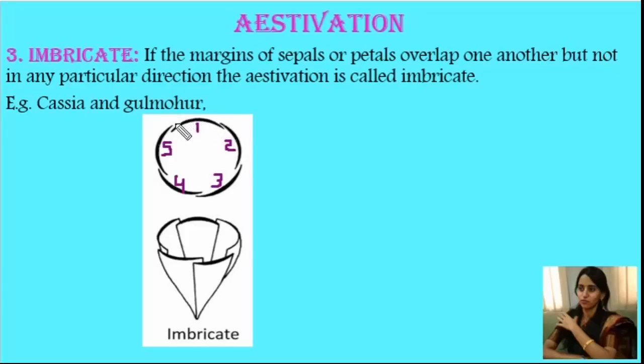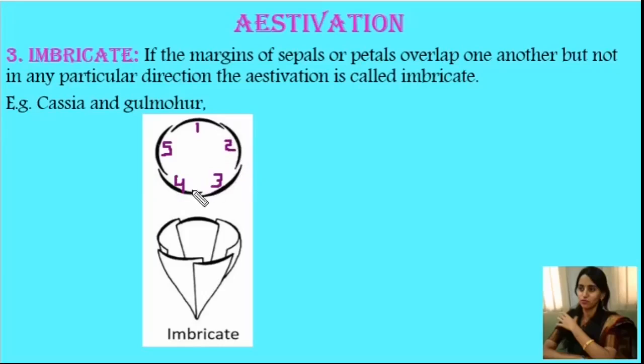As a result of this, the margins of this sepal or petal are completely in, whereas the third sepal or petal overlaps the previous one and overlaps the next one. So as a result, the margins of this petal are completely out, whereas in the other three, one margin overlaps the previous one and the other margin is overlapped by the next one.